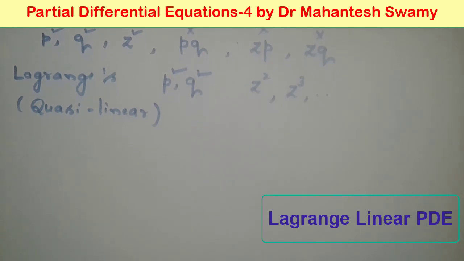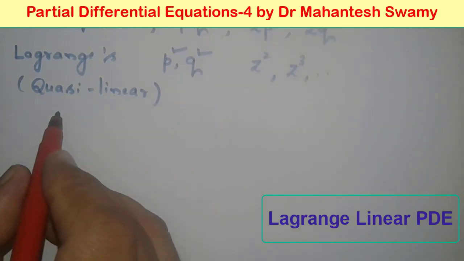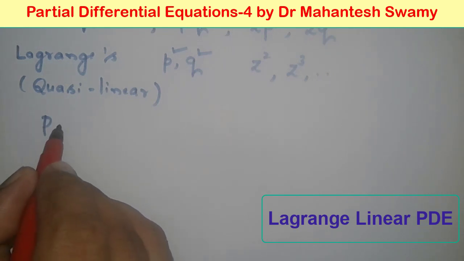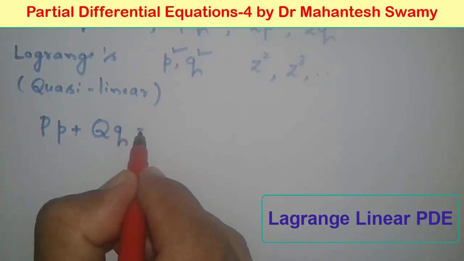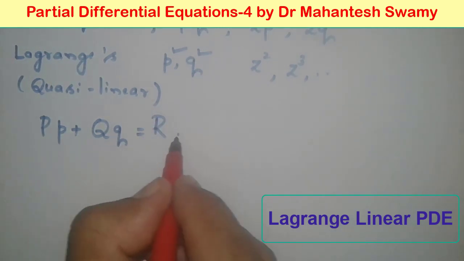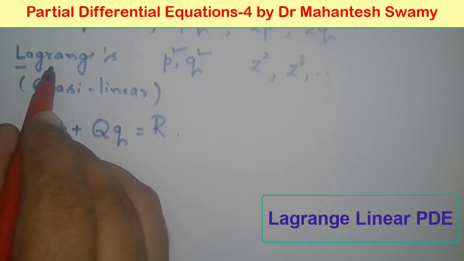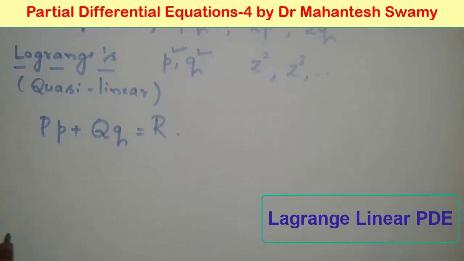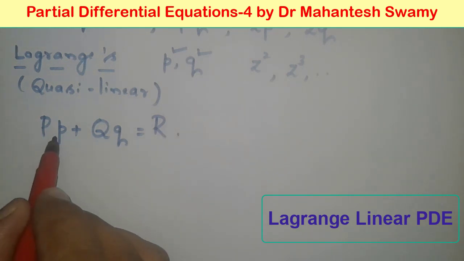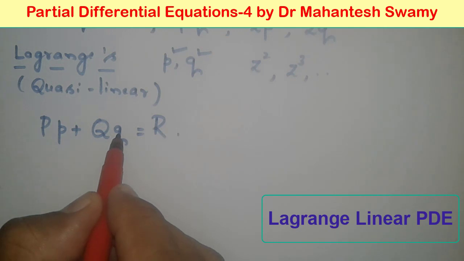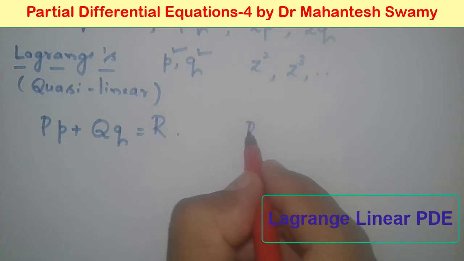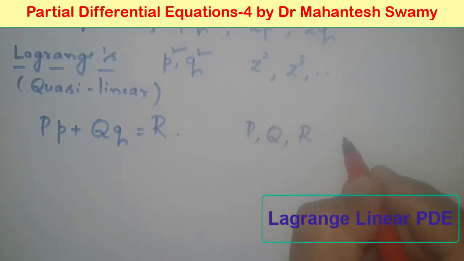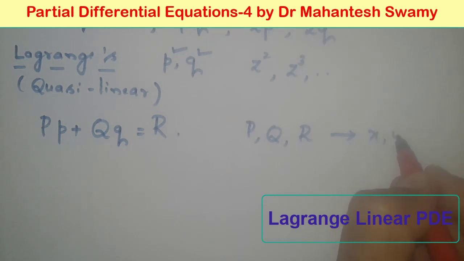Now the Lagrange linear PDE appears in a standard form: capital P p plus capital Q q equals capital R. So this is the standard form of Lagrange linear PDE. In this expression, small p stands for dou z by dou x, small q stands for dou z by dou y, whereas capital P, capital Q, capital R are the functions of x, y and z.